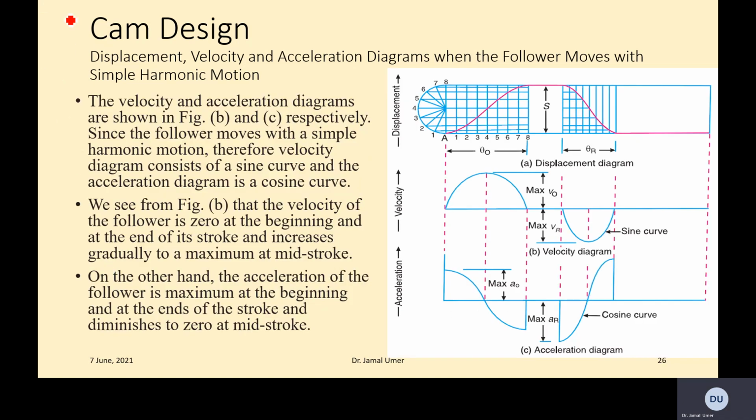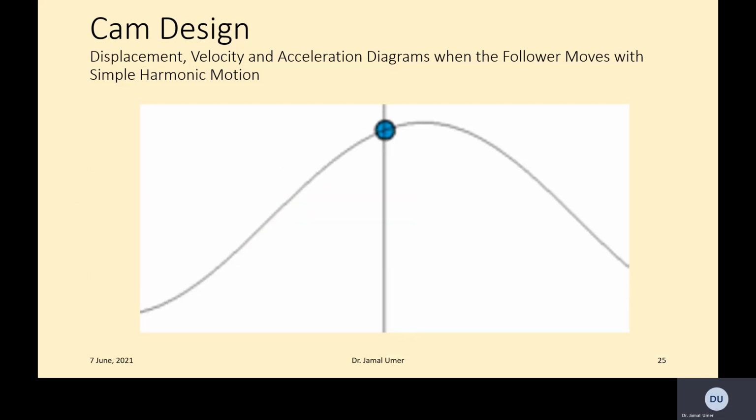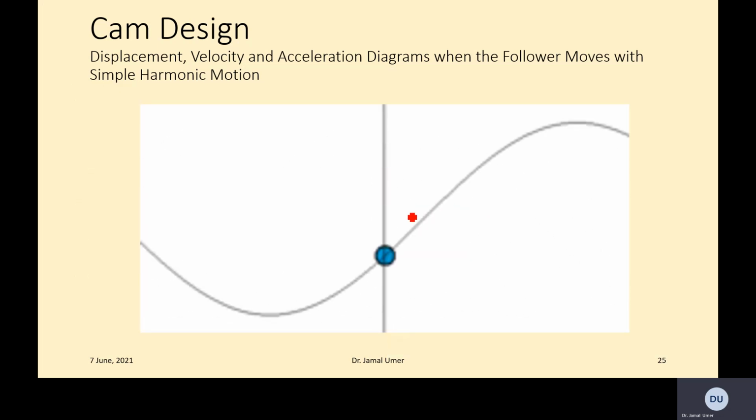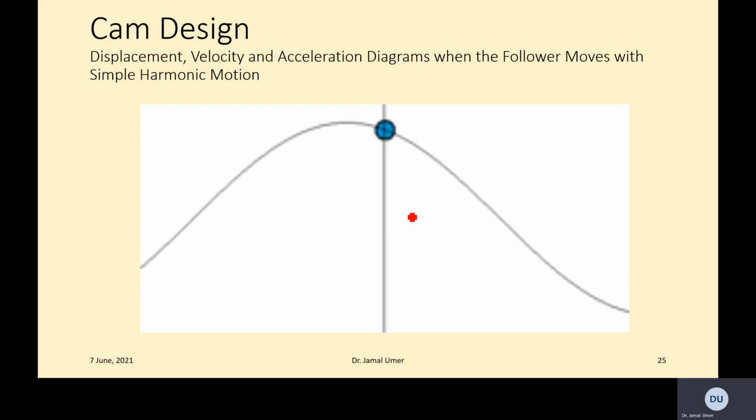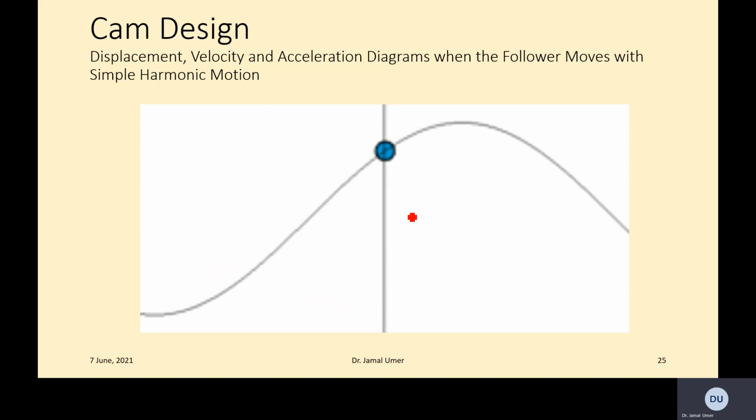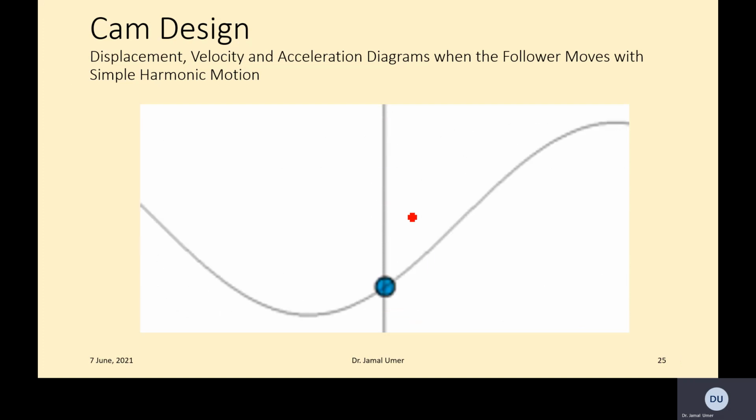So we are still on the discussion of displacement, velocity, and acceleration diagrams when the follower moves with a simple harmonic motion. So this is what I was explaining. This is one of the ways to analyze the follower that's moving as a simple harmonic motion.